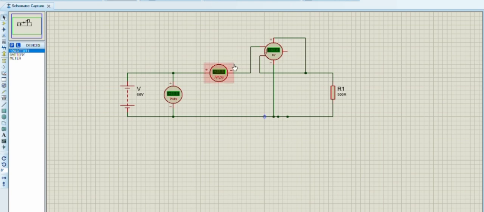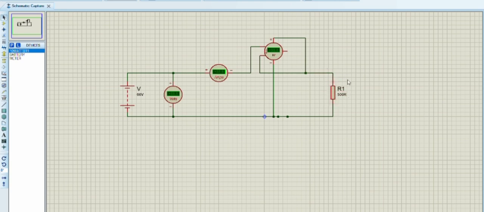Okay, and then it will connect to the wattmeter. After that, the other side of the wattmeter will connect to the resistor.